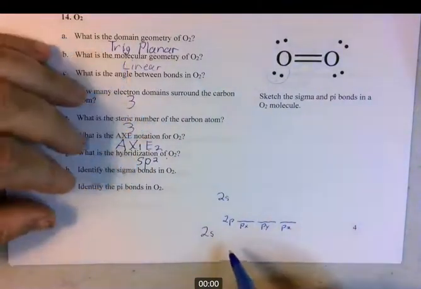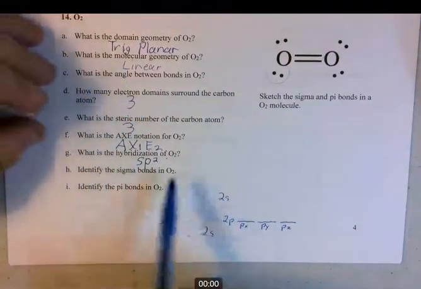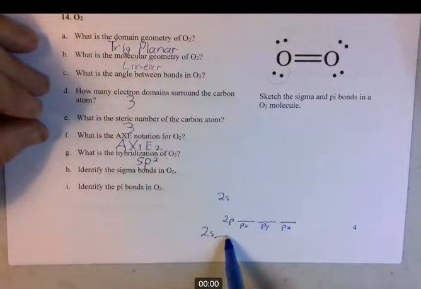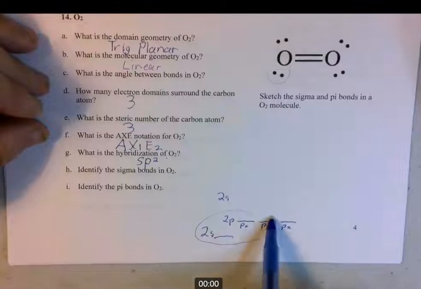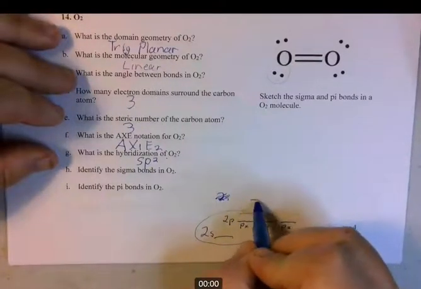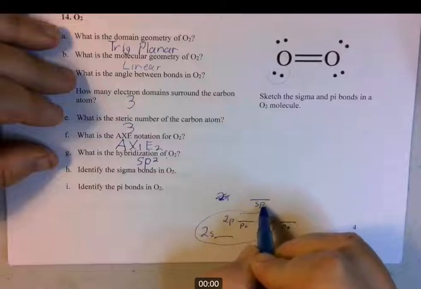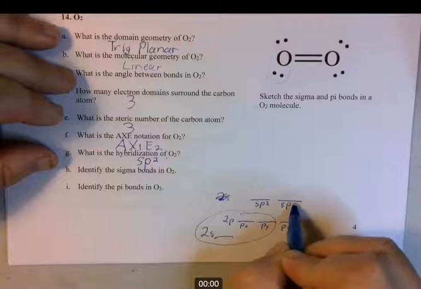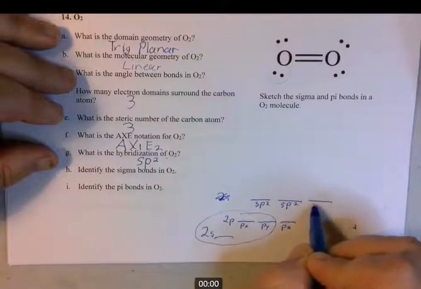Okay? So since it's going to be an sp2, we need to have this 2s right here and 2 of the p orbitals hybridized. So let me go ahead and just write that. So you've got sp2, sp2, and sp2.